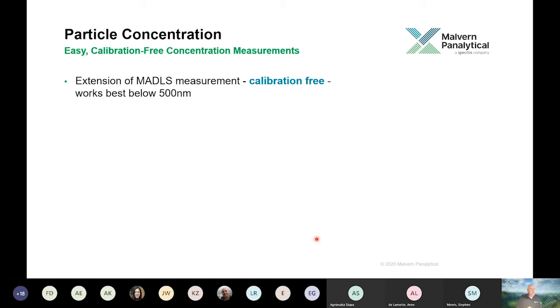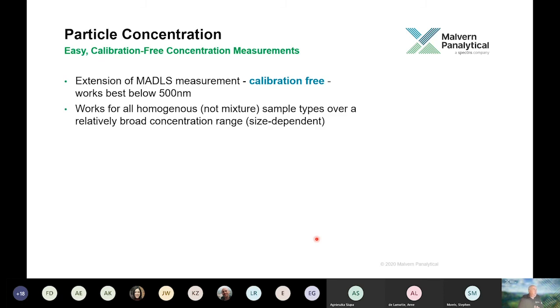However, if the concentration is too high, we will get multiple scattering at the forward and possibly even the side angles. So this is why all the work that we've done on MADLS, really, it's only applicable for 500 nanometers or below. Of course, the good news is that viruses are less than 500 nanometers.